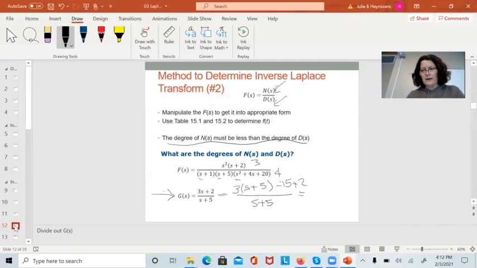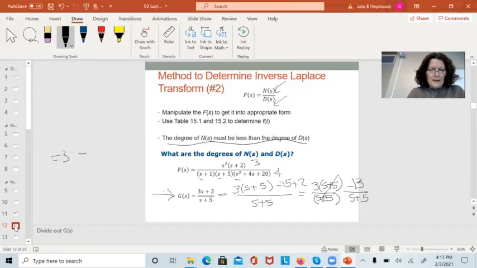Before I can cancel, I have to be able to do that. I've got 3s plus 15 over s plus 5, and I've got minus 13 over s plus 5. This fraction I can cancel. I couldn't cancel if it was all over the same denominator. So this is going to be 3 minus 13 over s plus 5.